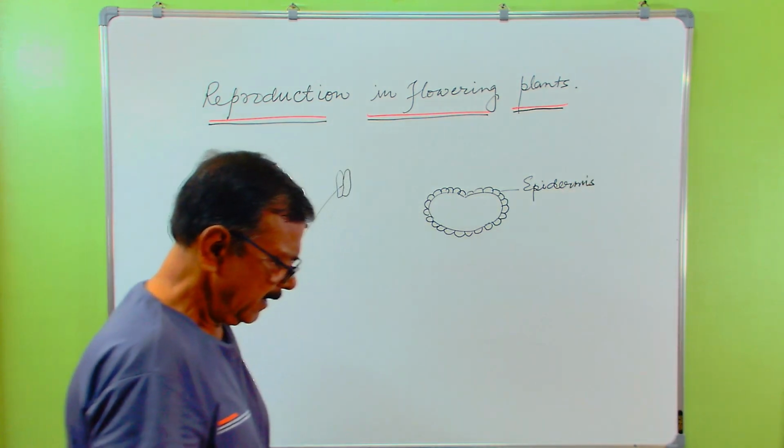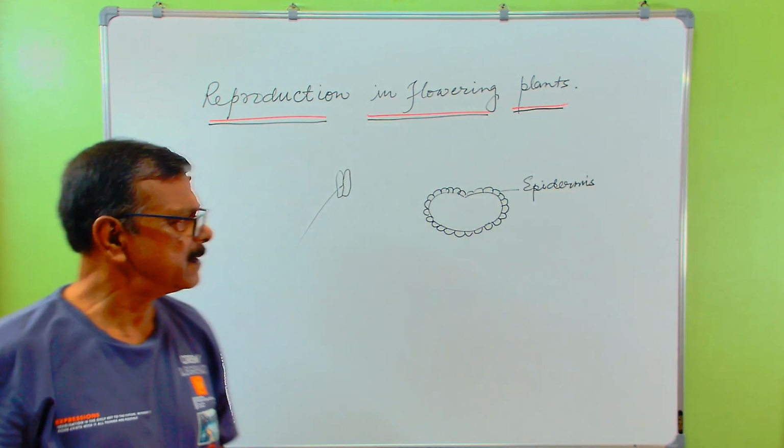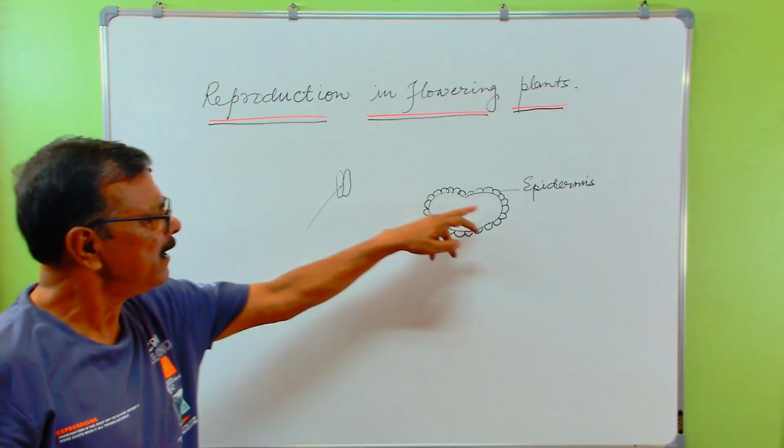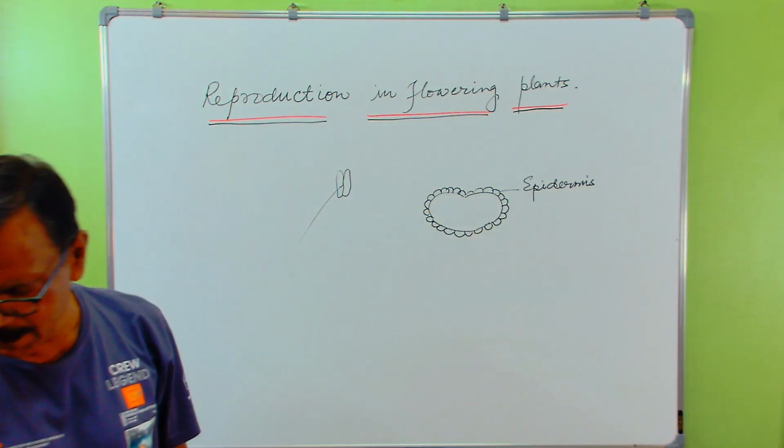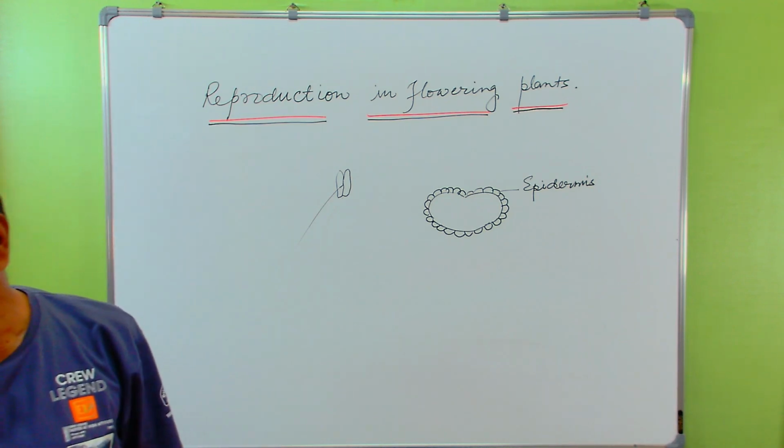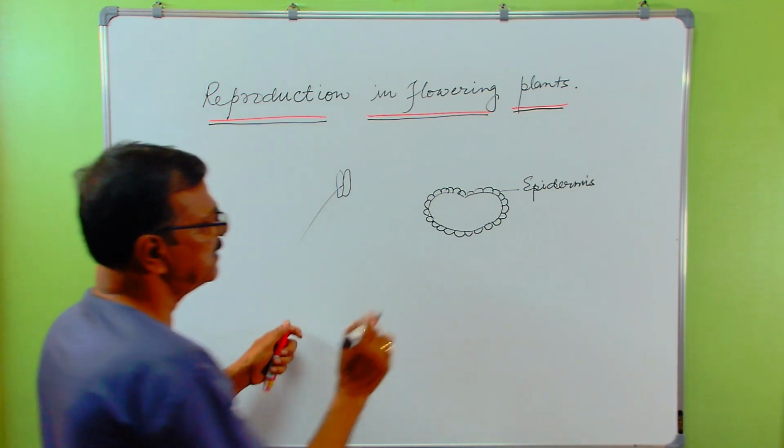In the initial stage, if you cut the anther, you will see that it contains a mass of meristematic cells.